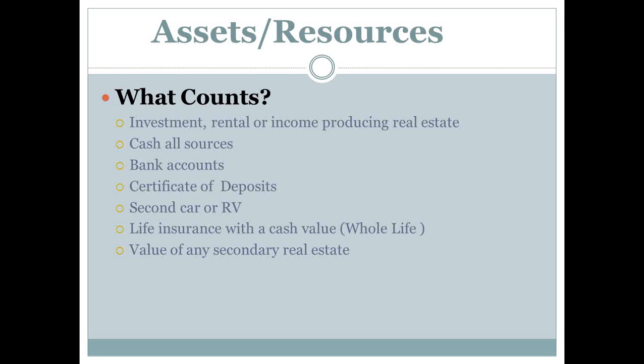We're talking about stocks, bonds, checking, savings, CDs, IRAs, 401ks, cash from any source that isn't a lump sum. So if you have $1 million under the old oak tree in a coffee can, then certainly that could be counted as an asset or a resource, excuse me.